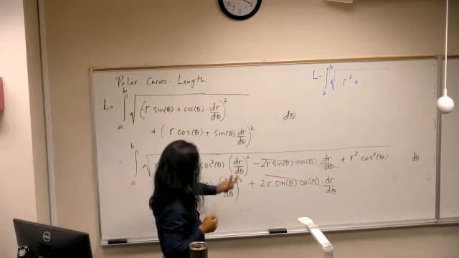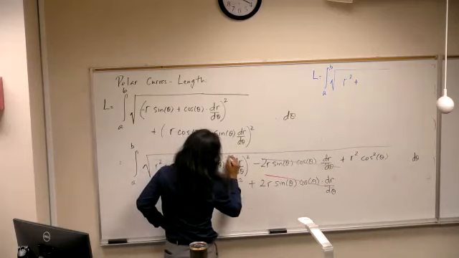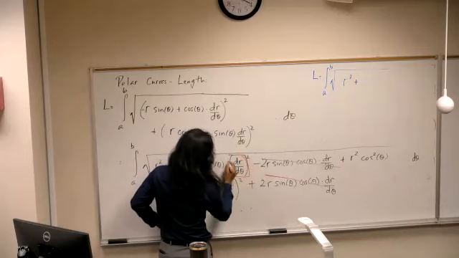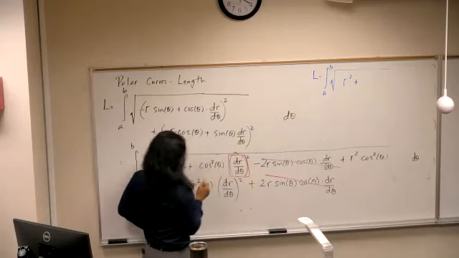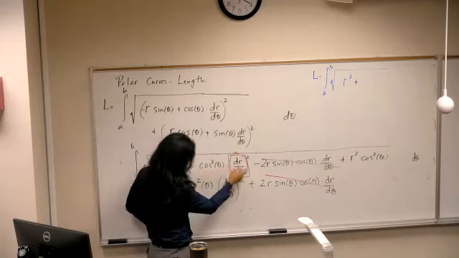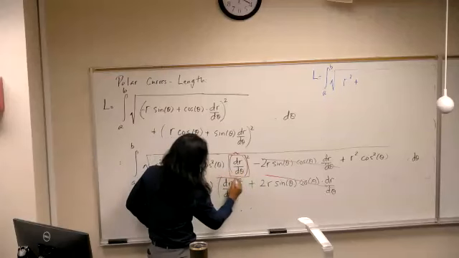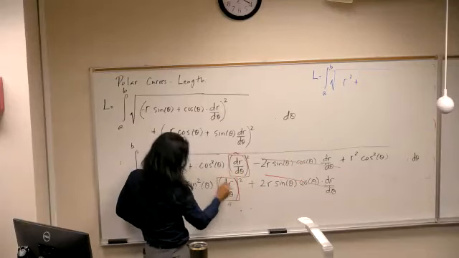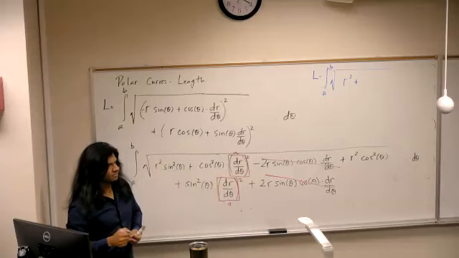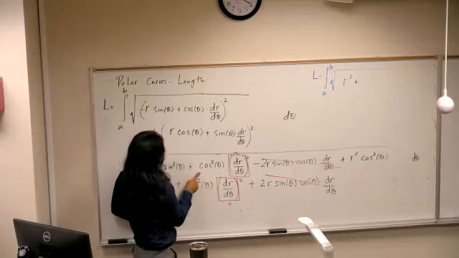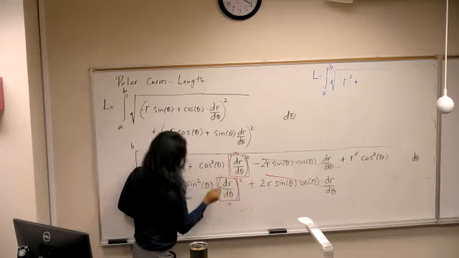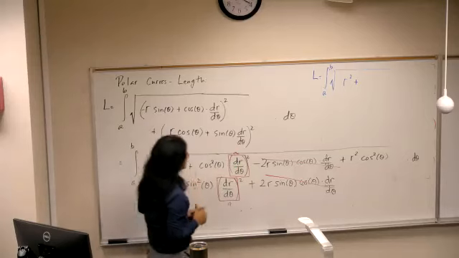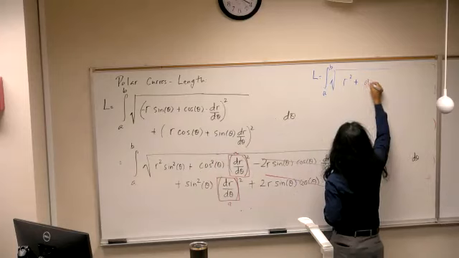R squared plus cosine squared, and call this A. Cosine squared theta times A squared, sine squared theta times A squared, will give you A squared.